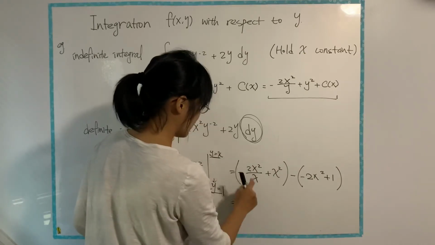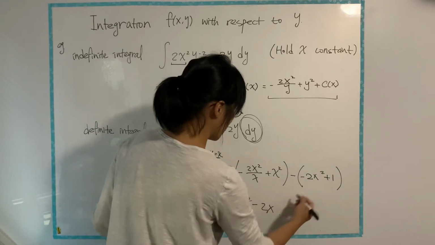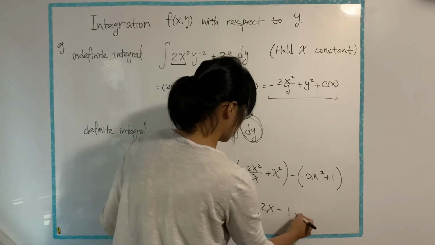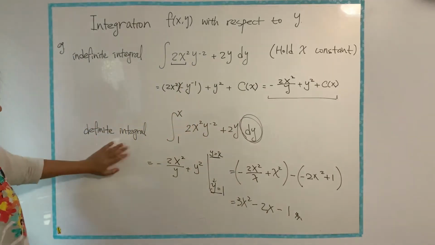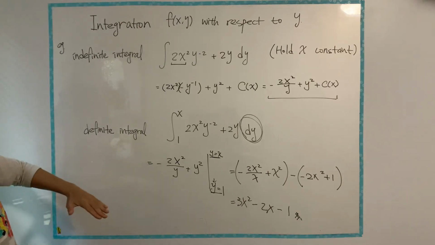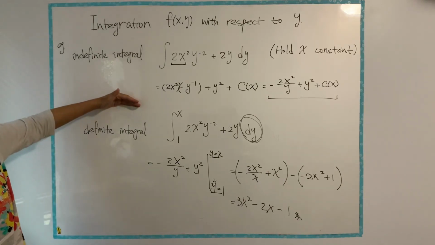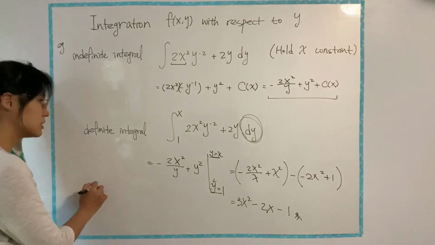And then I have this, so that's minus 2x. And I have this, that's minus 1. So this is what I get from this definite integral with respect to y from y equal to 1 to y equal to x.